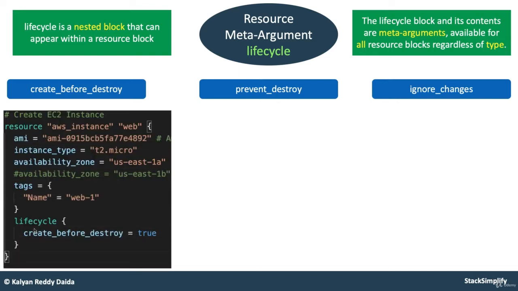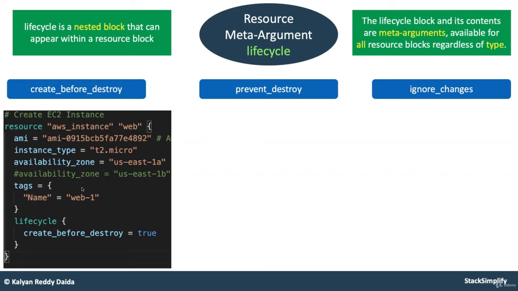For example, what is create before destroy? If you see here, this is the lifecycle block. Inside that lifecycle block, you will see create before destroy true. The default behavior of a resource in Terraform is to first destroy and then recreate the resource.